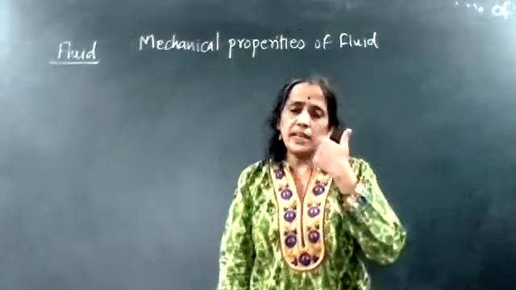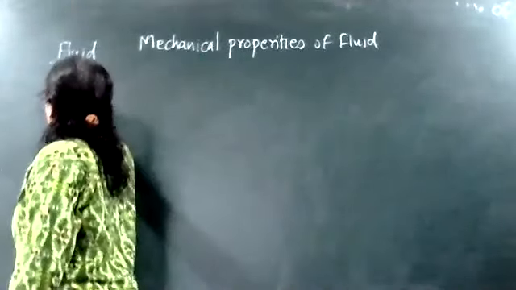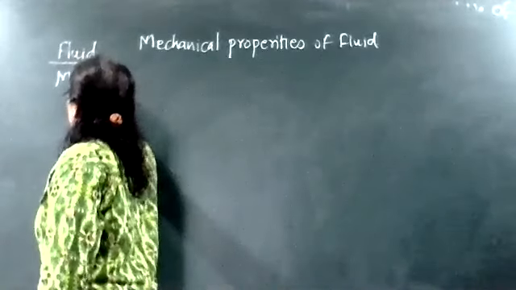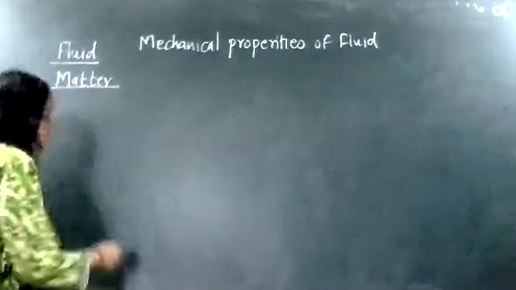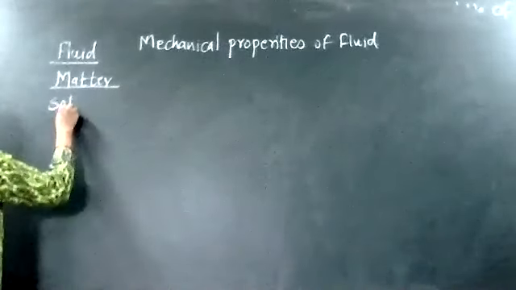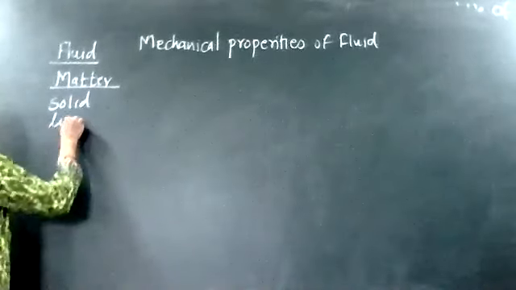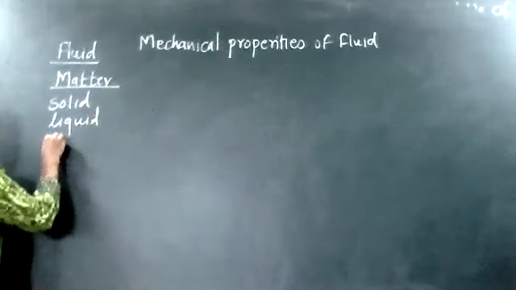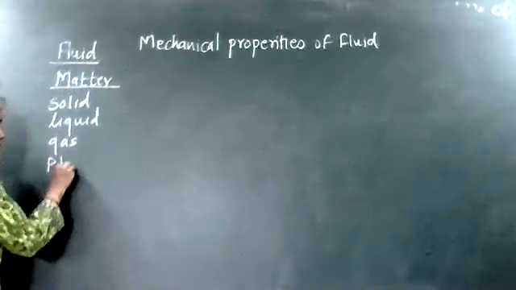Now, up till now, what we have seen is that matter has different states. One is solid, second is liquid, third is gas, fourth one is plasma.